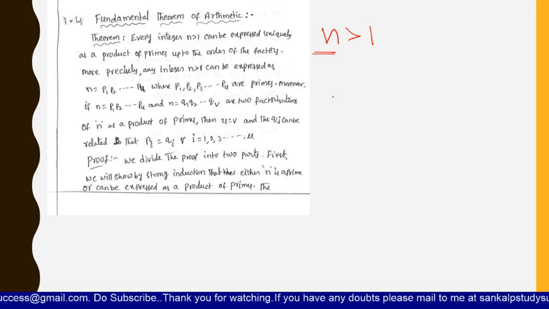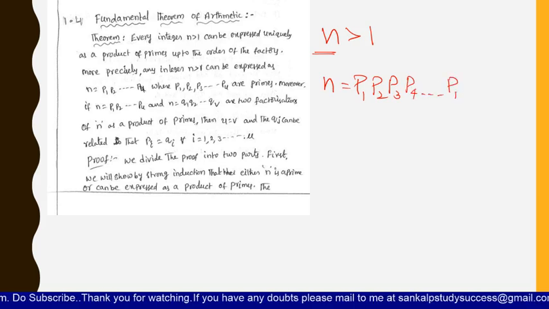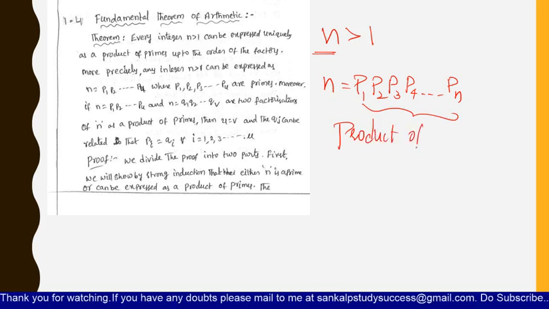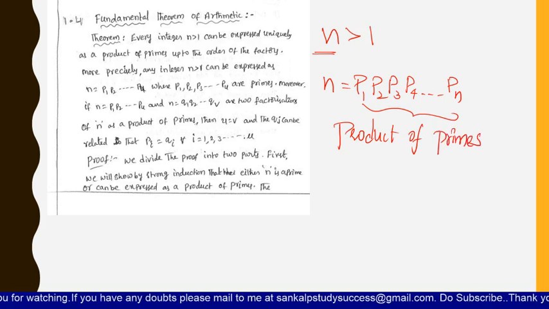That means n is equal to p1, p2, p3, p4 and so on up to pn. We are expressing a number in the form of a product of primes.